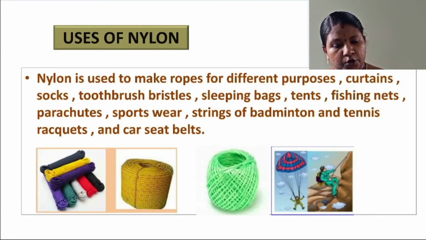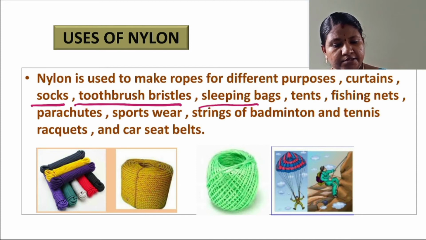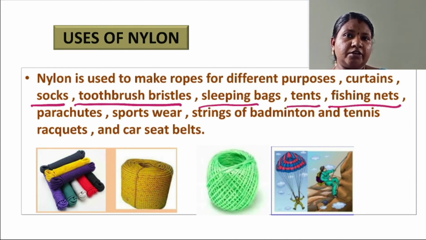Right. Now let us look at the uses of nylon. Nylon, as we said, is useful in various places. It is used for making curtains, socks, and toothbrush bristles, right? It is also made of nylon. And then sleeping bags, tents and fishing nets are made of nylon. It will be used for a very long period of time, but it will not wear out.